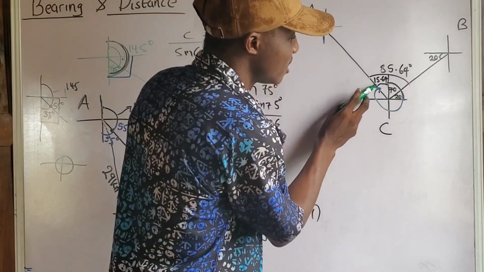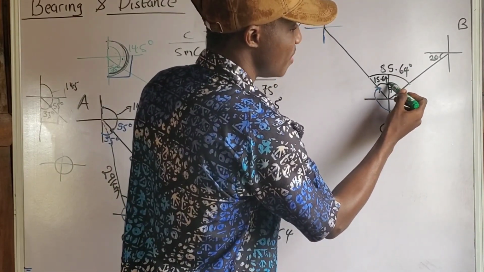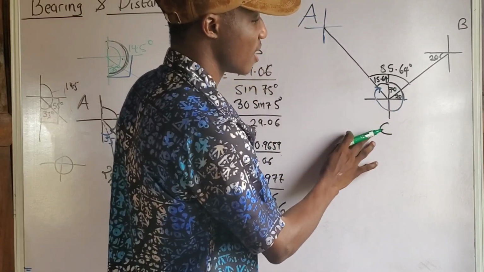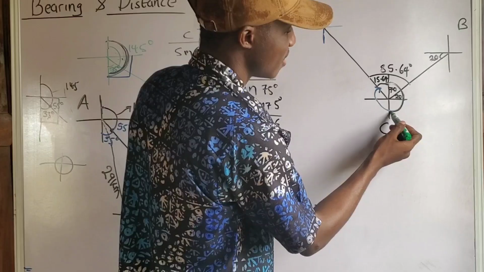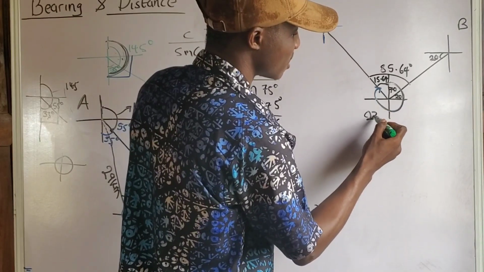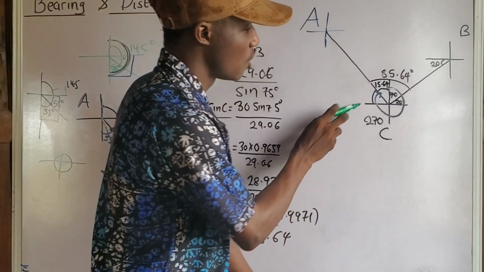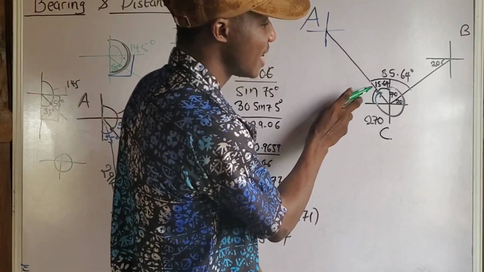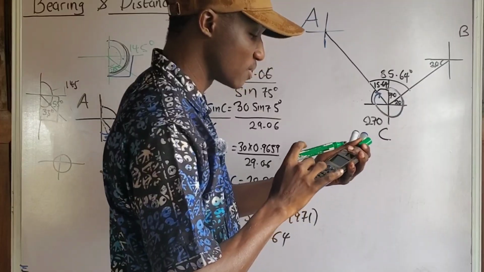Having gotten the smallest angle here as 15.64, we can now calculate the bearing of the starting point from the car. All you have to do is sum 90 plus 90 plus 90, that is 270. I need the smallest angle here, which will be 90 minus 15.64, and that is 74.36.